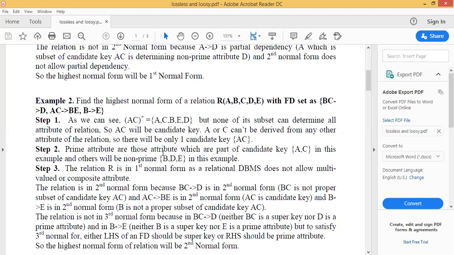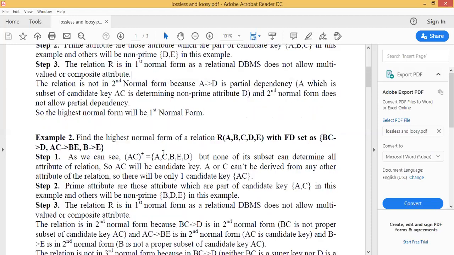So here the highest normal form of the relation will be second normal form because here no partial dependency occurs.